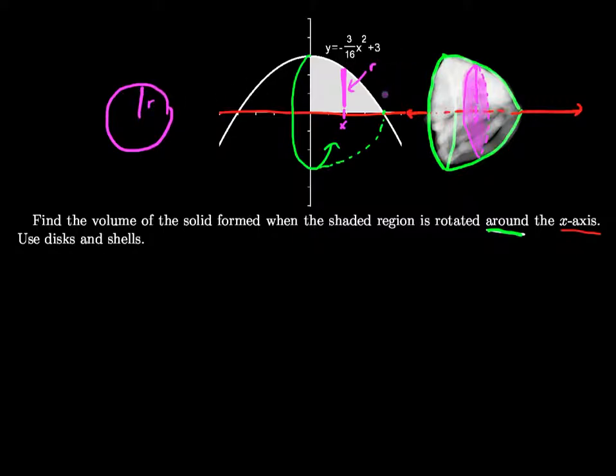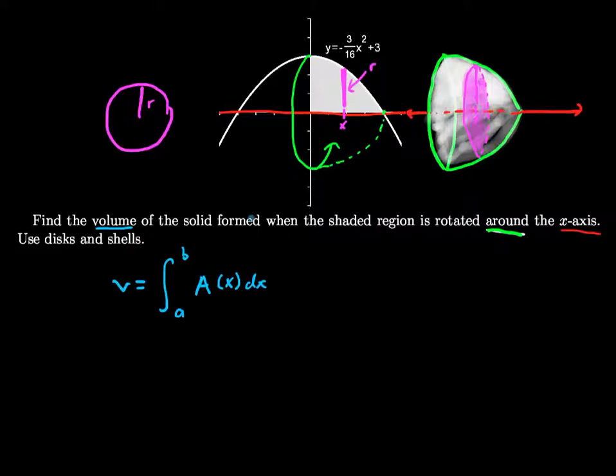Okay? And the idea I'm going to use is the volume of any object will equal the integral from some starting value to some stopping value. Let me leave those as a and b for now. We'll talk about why that's 0. Of the cross-sectional area with respect to x, dx.